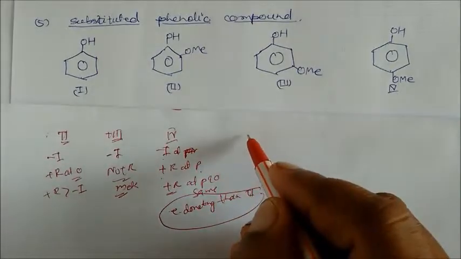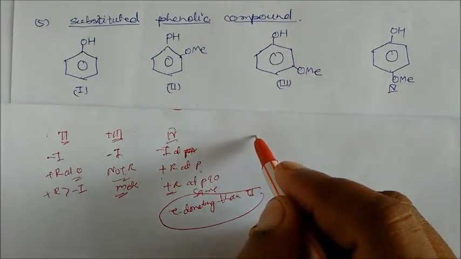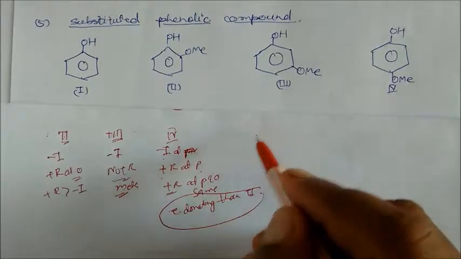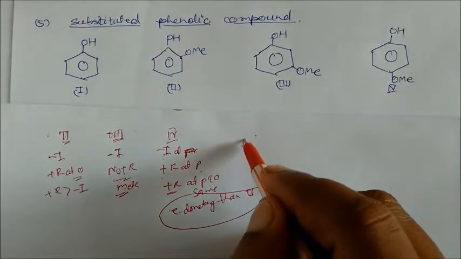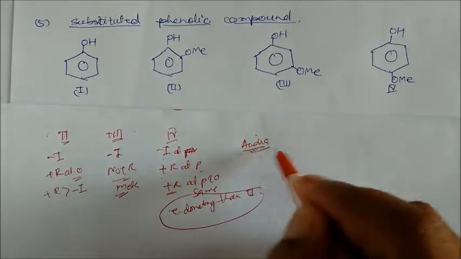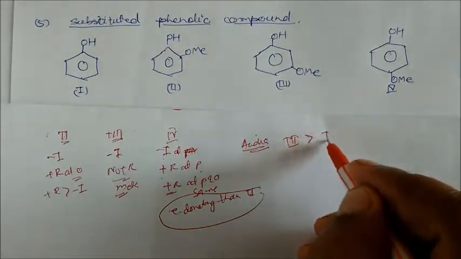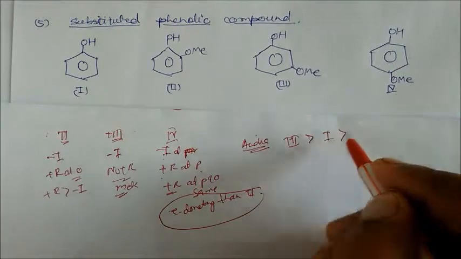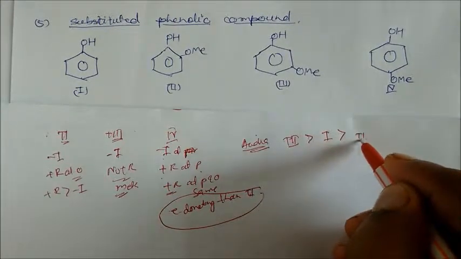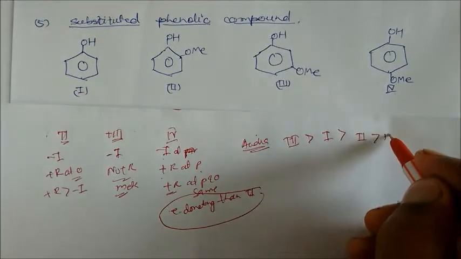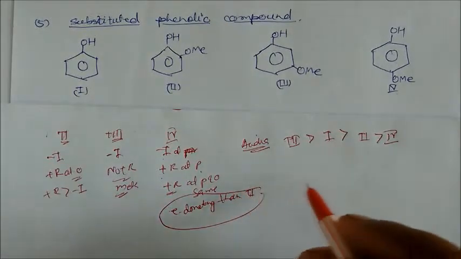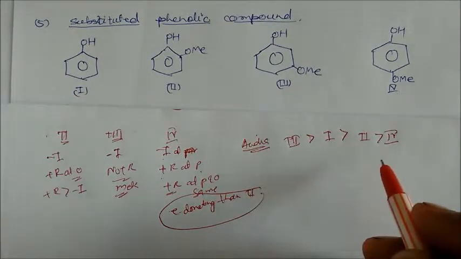So we can see the acidic character order: first will be 3, then followed by 1, then followed by 2, and then followed by 4. So this is the order.